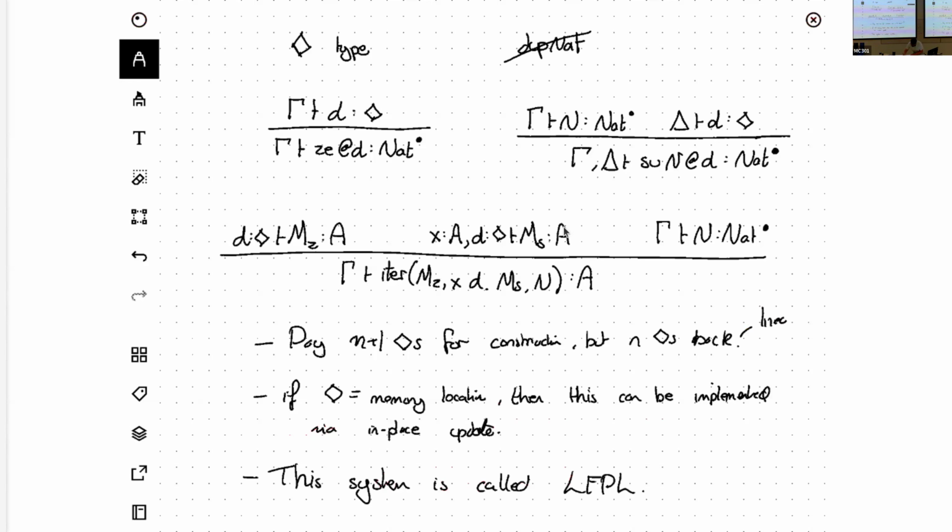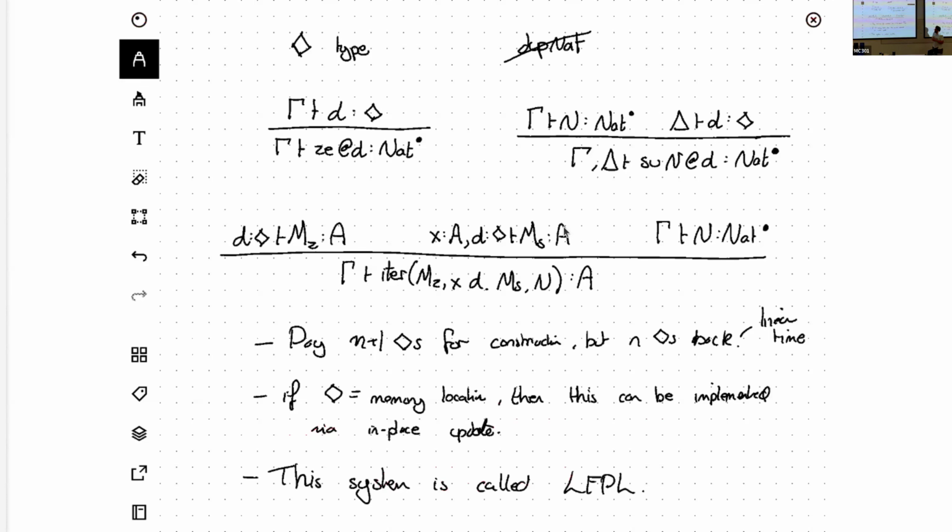I should also say that what you can then do in this system, where you don't get back as many diamonds as you pay, is turn this into an automatic analysis for functional programs of how much complexity they use, because we can annotate the types with how many diamonds they have.